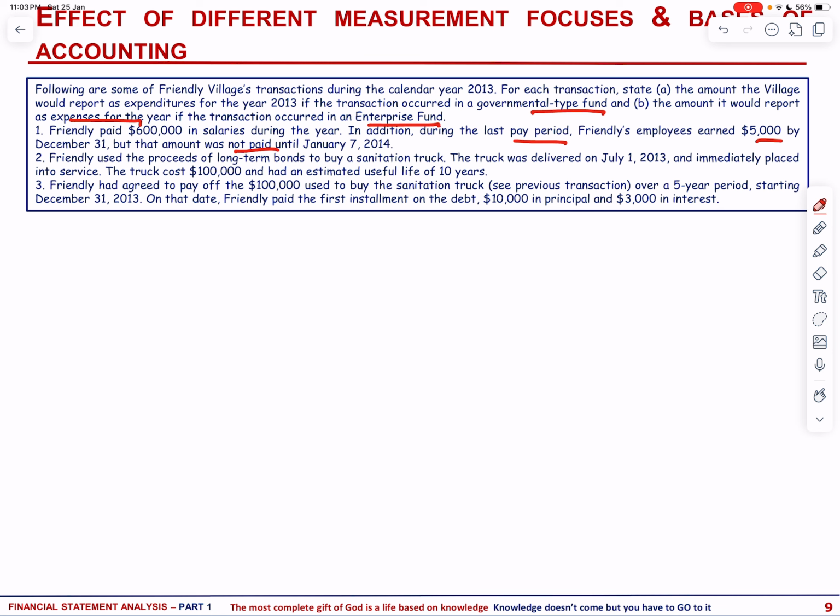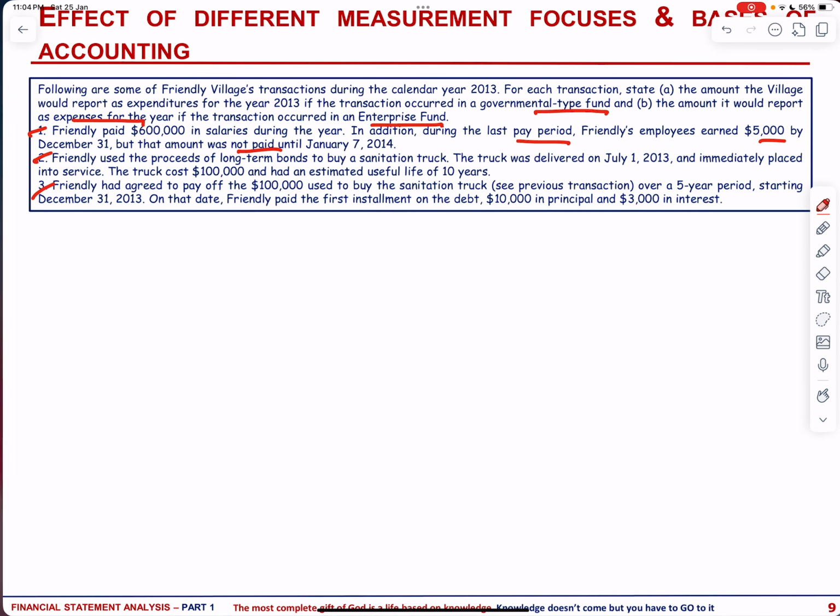So we have to break down each transaction, and we have to determine whether the expenditures are for the governmental type funds or expenses for enterprise funds for this Friendly village for each of the three different scenarios. Now, in transaction number 1, there is a salary payment that Friendly paid 600,000 in salaries during the year.